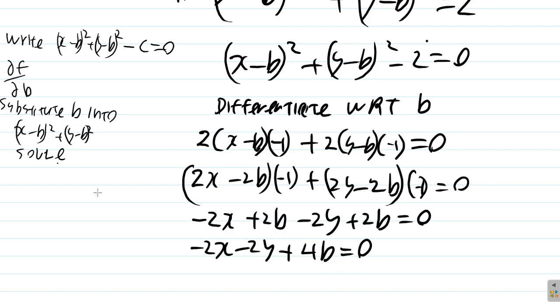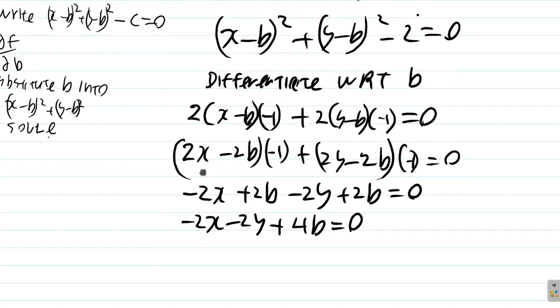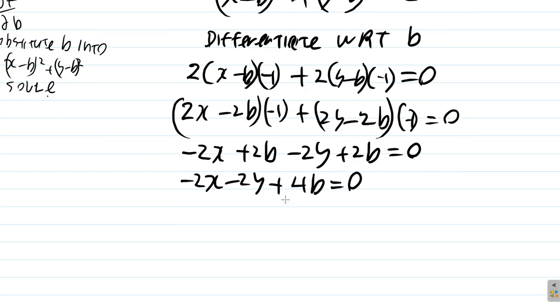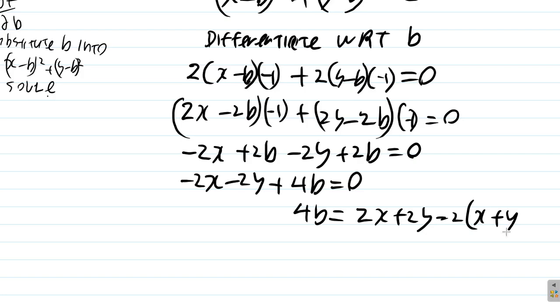Okay. If we add 2x and 2y to both sides, we get 4b is equal to 2x plus 2y, which would be 2(x plus y). You see that? So if we divide by 4, we get b is equal to (x plus y) over 2. Good.